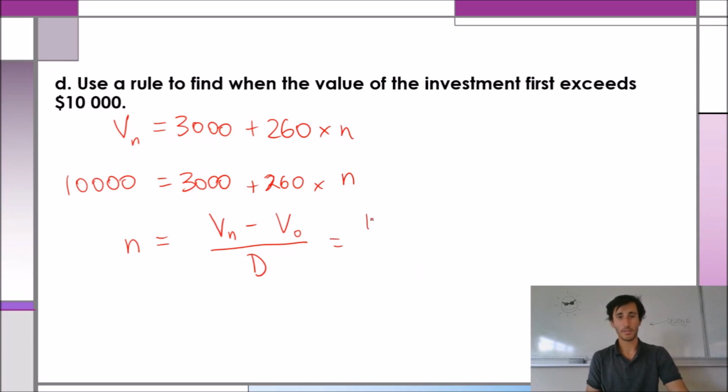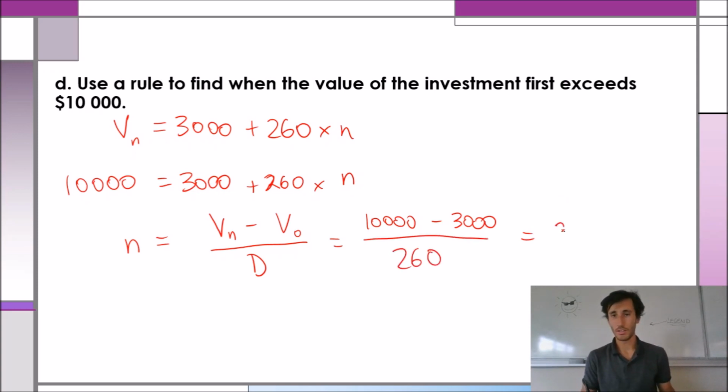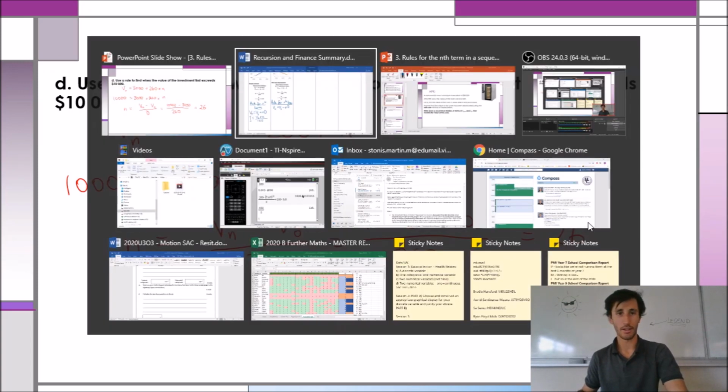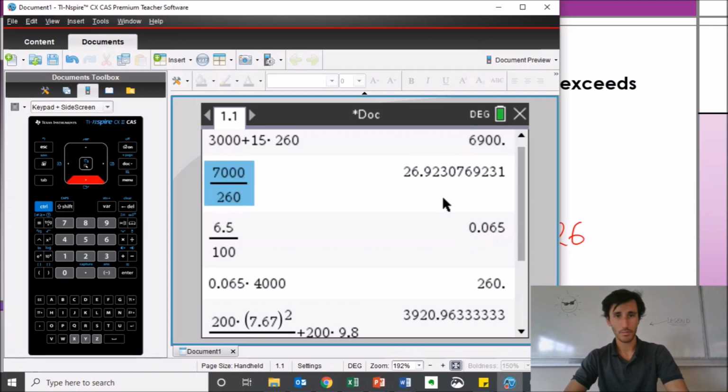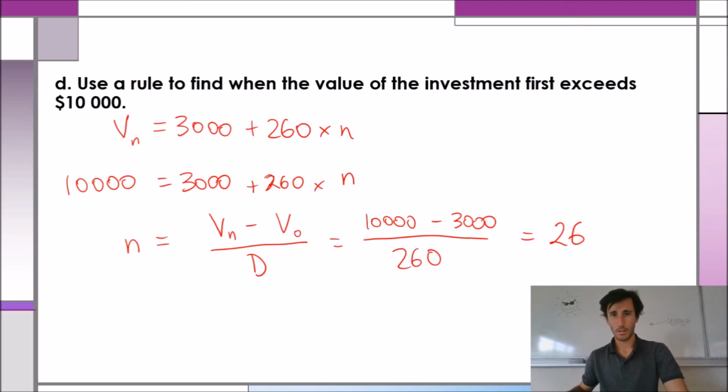In this case, it's 10,000 minus 3,000 divided by 260, which is 26. Let me just go to a calculator to calculate that. 26.9.